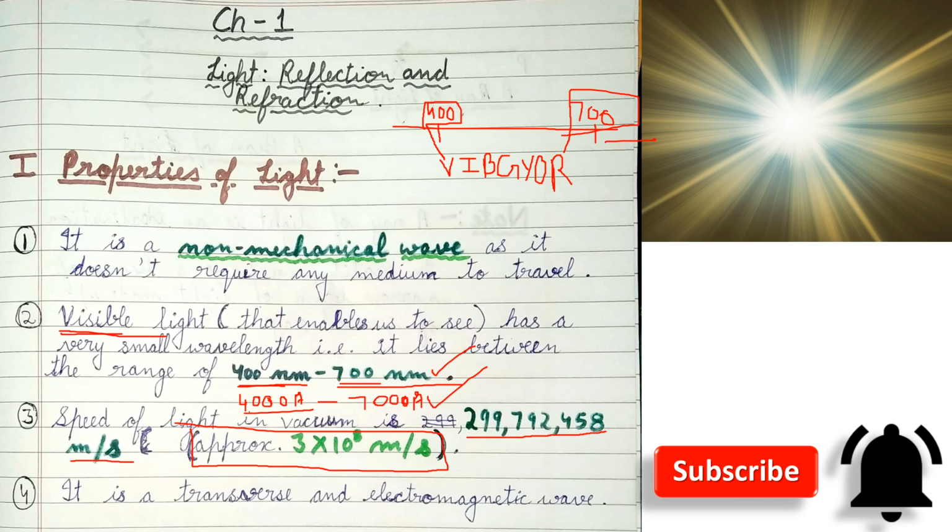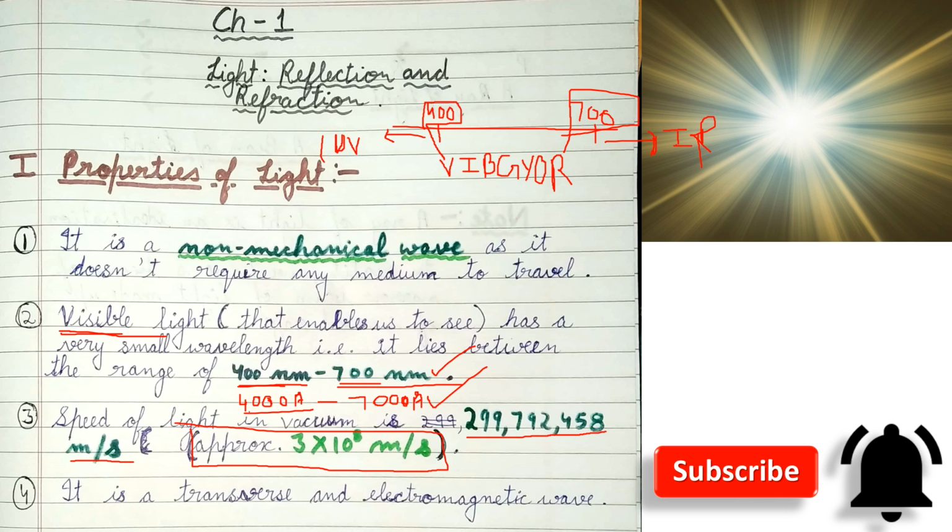Beyond 700 nanometers there are infrared rays, or IR rays, and before 400 nanometers there are UV rays.